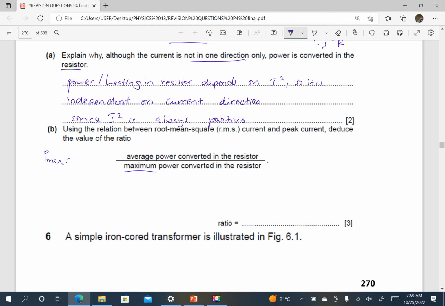maximum power is equal to I naught squared times R. That is maximum power.